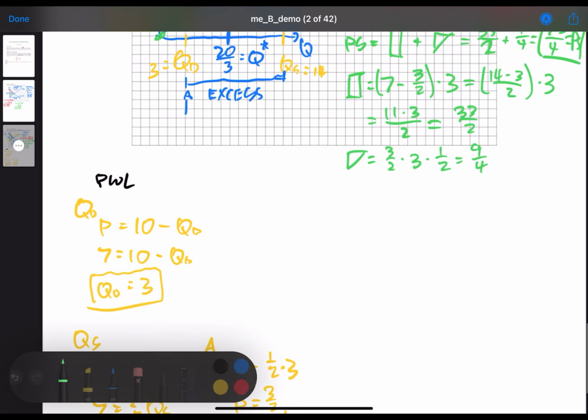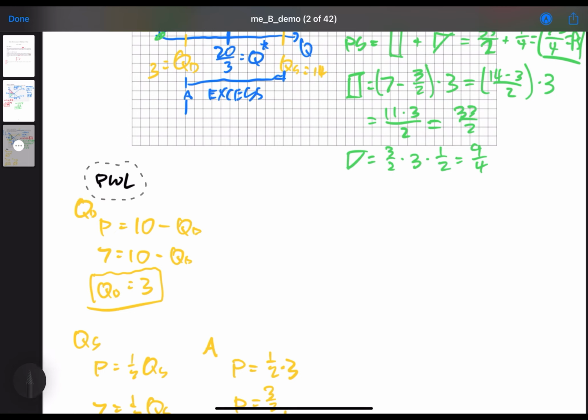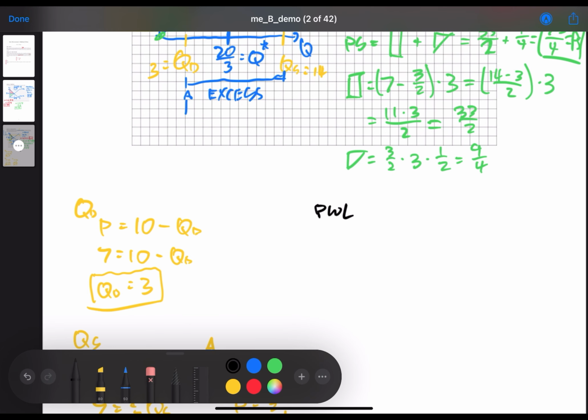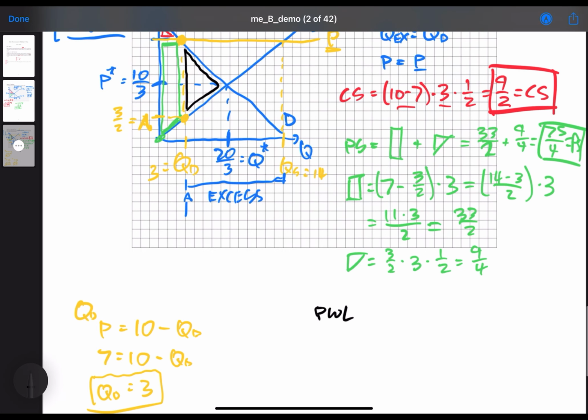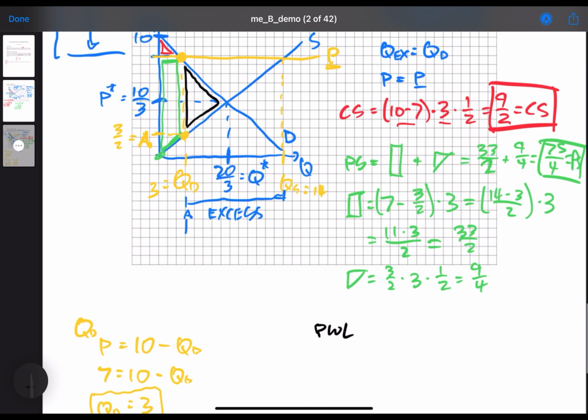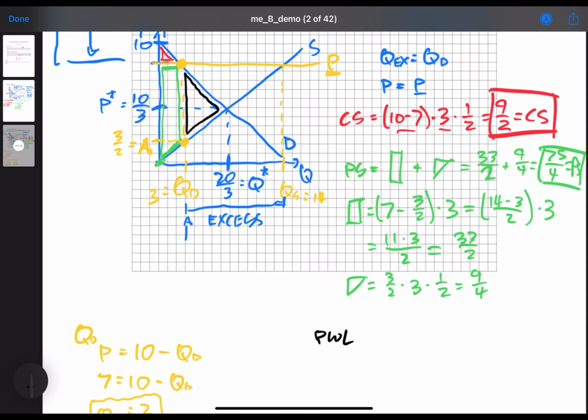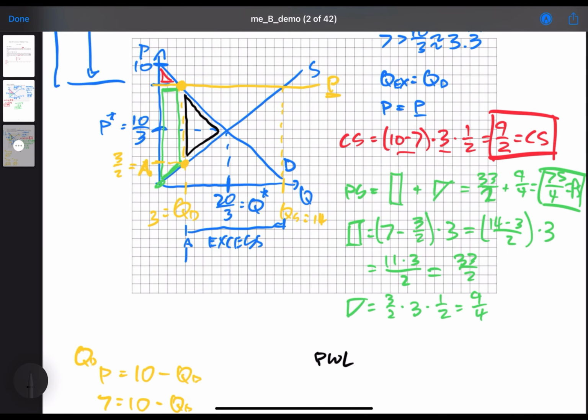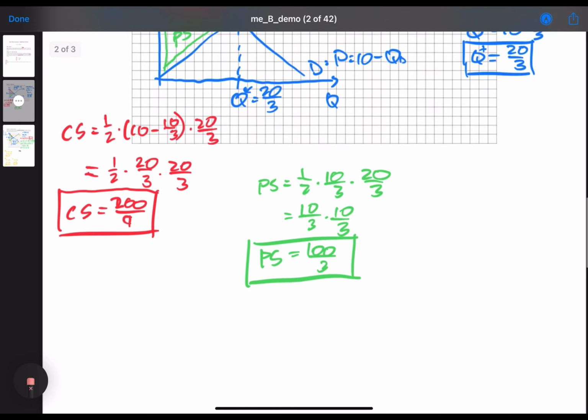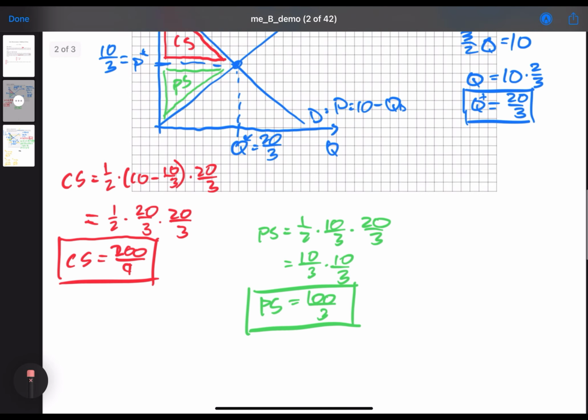Okay, and then our last term is deadweight loss. For deadweight loss, there are two ways of doing this. One is simply to add up our consumer and producer surplus and subtract that value, so our new consumer and producer surplus, from the values we found up above. So we could calculate total surplus.